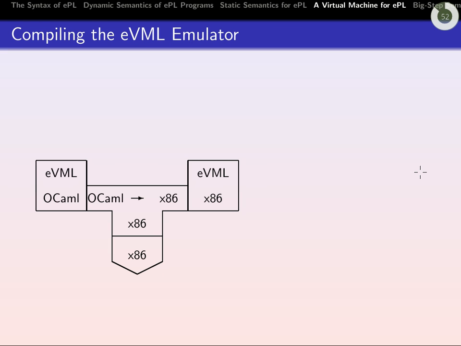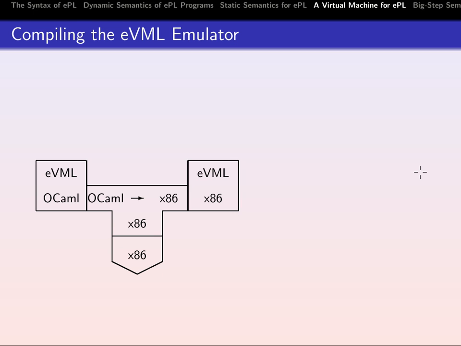All right. So once I have the build to EVML translator, right? I have to get to execute that, right? So I need either a compiler or an interpreter for EVML, right? So let's say we write an interpreter for EVML.